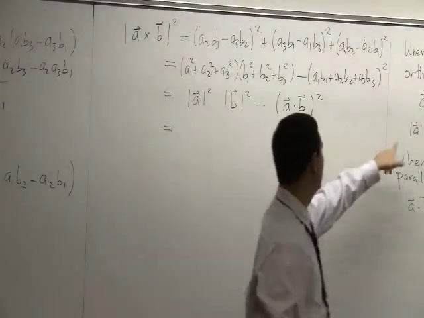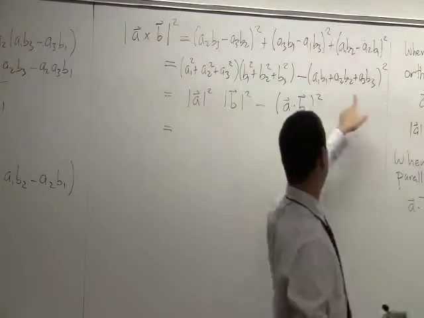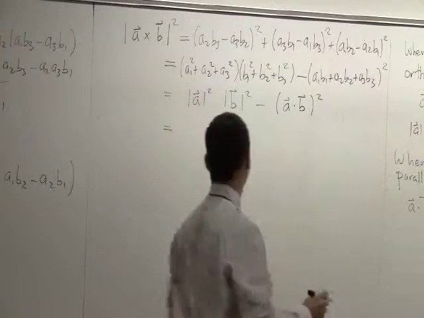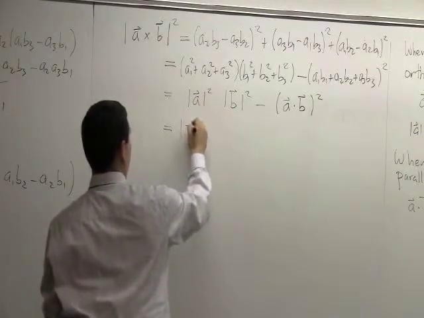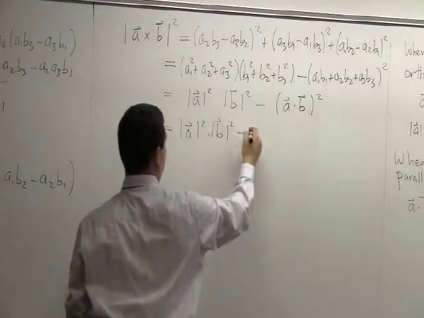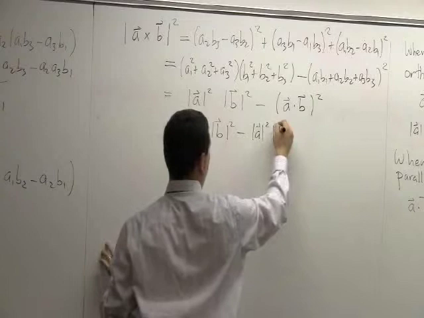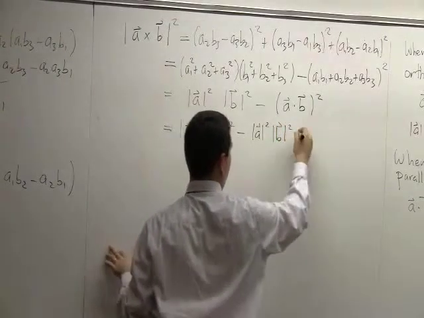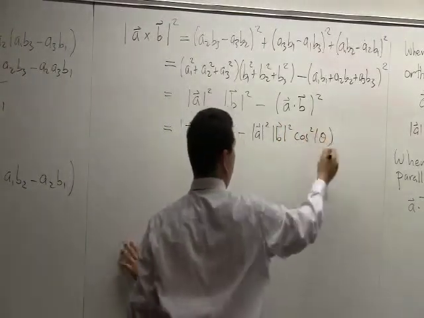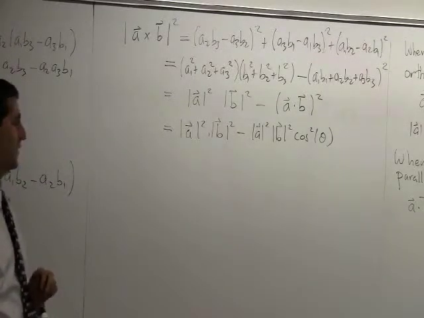A dot b is norm of a, norm of b, cosine of theta. And then we square it so everything gets squared. So this is norm of a squared, norm of b squared, minus norm of a squared, norm of b squared, cosine squared theta. This looks nice.